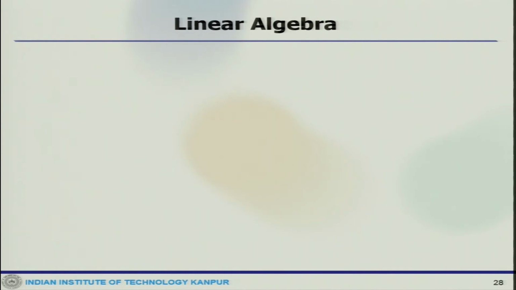Now, we can move to a situation where you have case 2, where again the matrix is of order m by n and your rank is now m. So, free variables would be n minus r, which is n minus m. Now, in this case there will always be a solution for b.